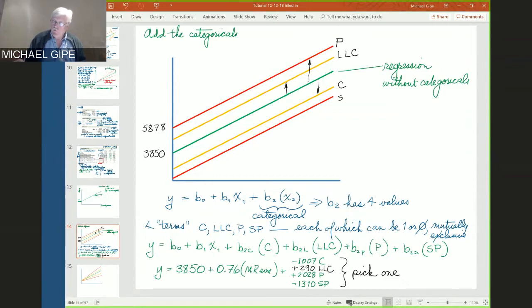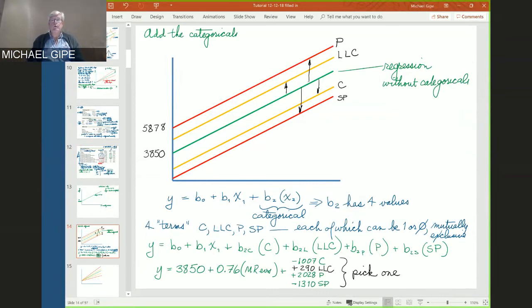And finally, for a sole proprietorship, we'll shift it down by 1310, and that comes down to the bottom red line. So essentially, every time we put in a categorical variable, we're doing a parallel shift of the basic regression without the categorical. So each categorical will add or subtract a constant value to the initial regression line, the bare regression that we started with. And so we can also think of these as parallel regressions.